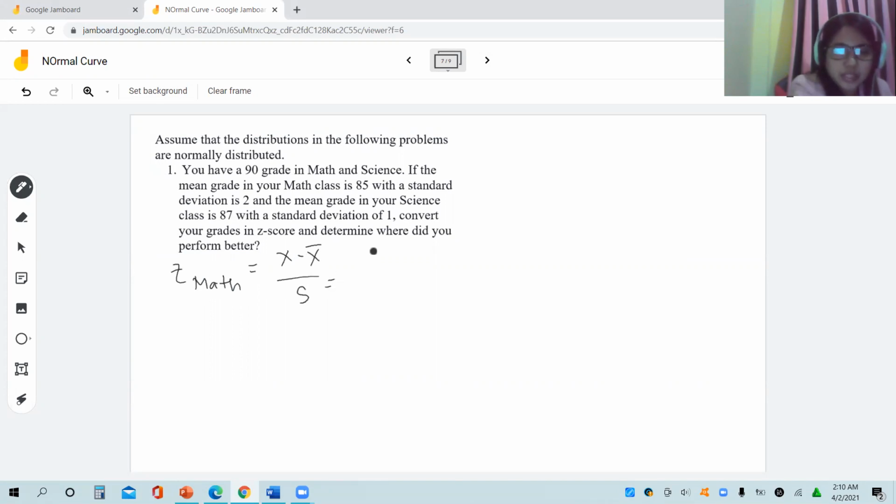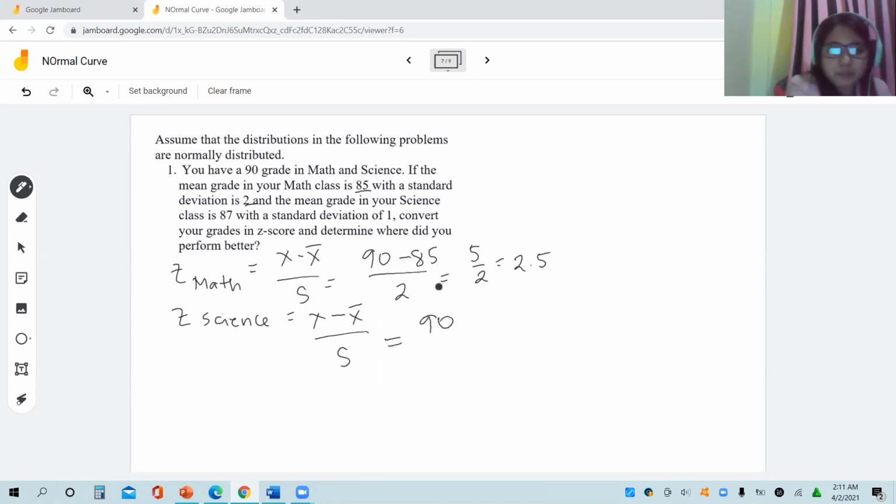The x, or the score, is 90 minus, in the given problem, the mean is 85, and the standard deviation is 2. So 90 minus 85 is 5, over 2. So it is 2.5.